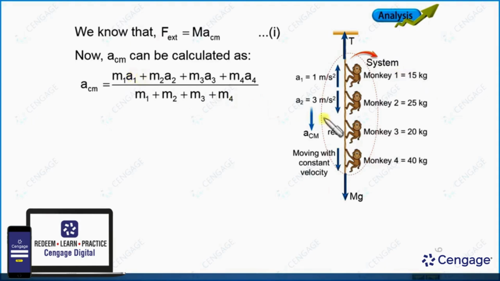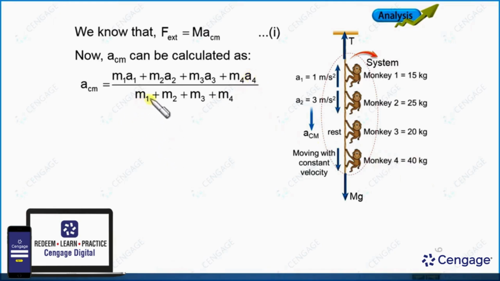Let us consider the upward direction as positive. The second monkey is 25 kg with 3 meter per second square downward, so this is -3. This monkey is at rest, so A3 equals 0, and this monkey is also traveling in the downward direction with a constant velocity. That means this acceleration is also equal to 0.